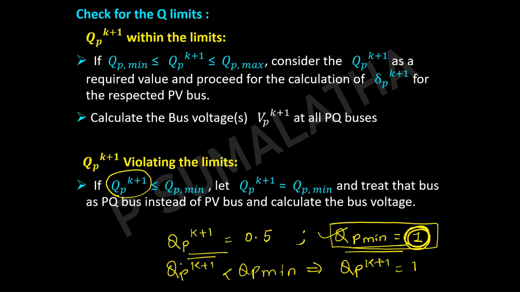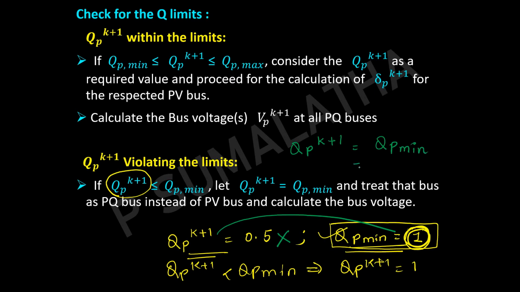So what can I do? Whatever the calculated value, it tells you that you are not allowed to take this value. You can give only the minimum value, not this value. So directly you will say Q_p(k+1) is equal to the Q_p minimum.